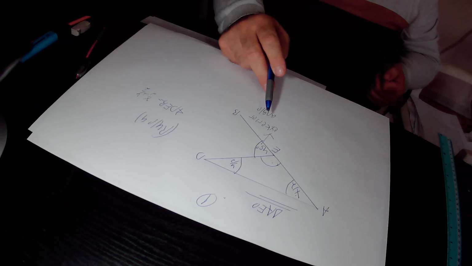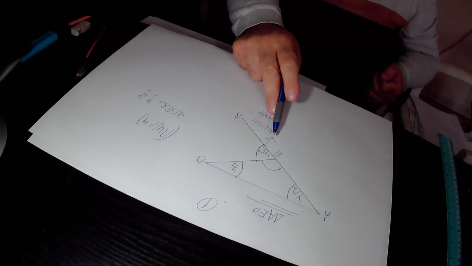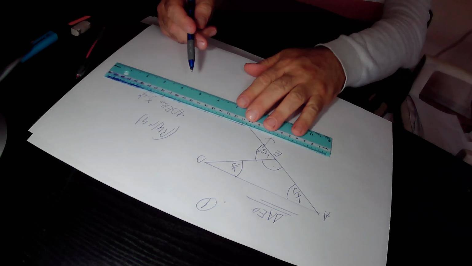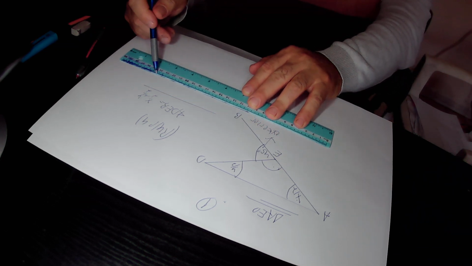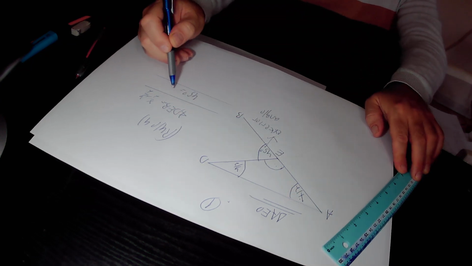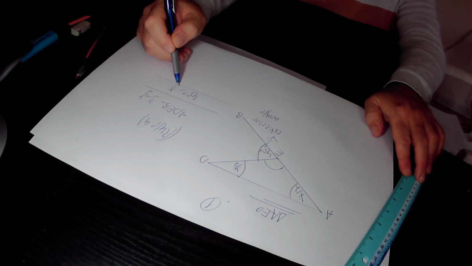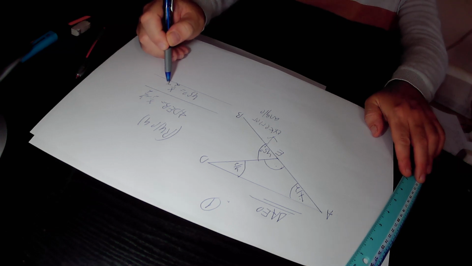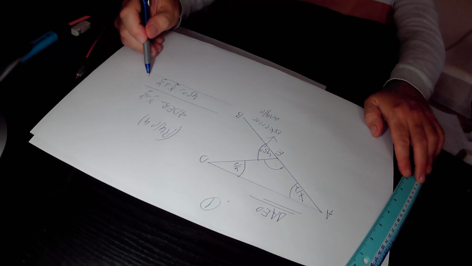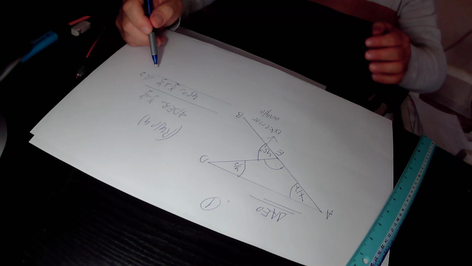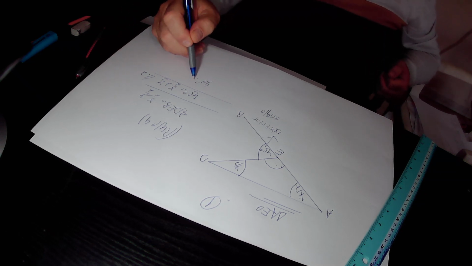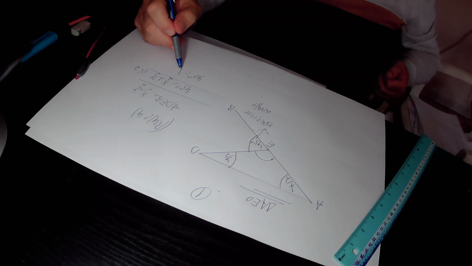But we are given that the size of angle DEB is 45 degrees. Therefore, we can substitute DEB by 45 degrees. We get that 45 degrees equals x over 2 plus y over 2. Here we multiply this equation by 2 and get that 45 times 2 is 90 degrees, so 90 degrees equals x plus y.